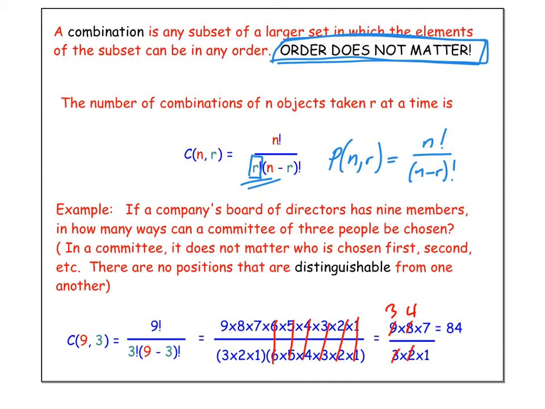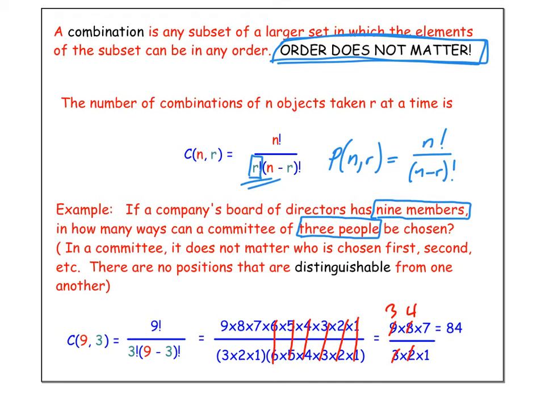The example problem says: if a company's board of directors has 9 members, the same 9 members from the previous example, in how many ways can a committee of 3 people be chosen? In a committee, it does not matter who is chosen first, second, or third.